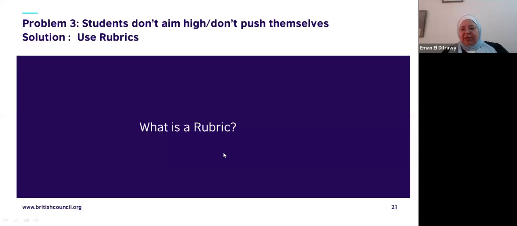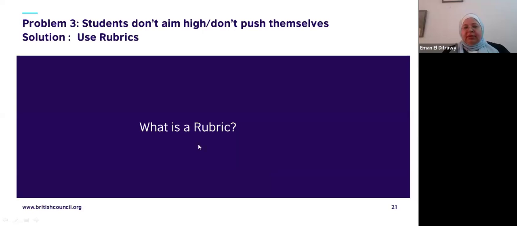It depends on what kind of writing they are doing. Scoring guide. So a rubric is a scoring guide that evaluates criteria like clarity, grammar, structure, creativity, and coherence. Well done. Yeah, thank you all. Brilliant ideas.